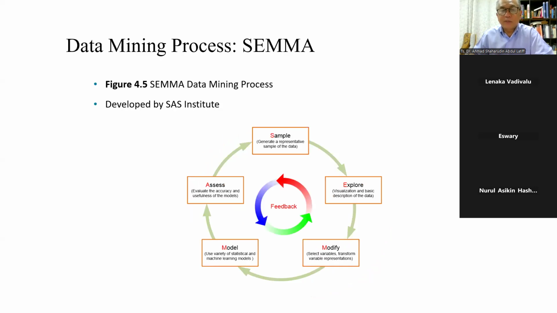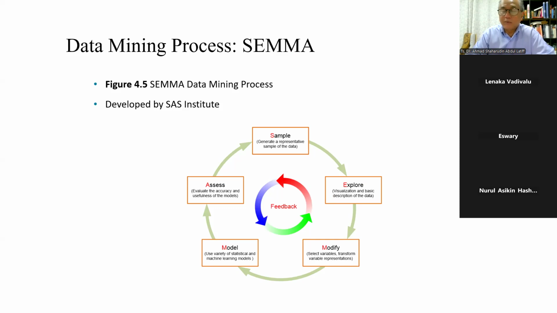Okay, besides CRISP-DM, you have the SAS Institute, which developed the SEMMA process. Start with a sample: generate a representative sample of the data. Explore, which is doing visualization and basic description of the data. Modify: select the variables, and transform the variables.